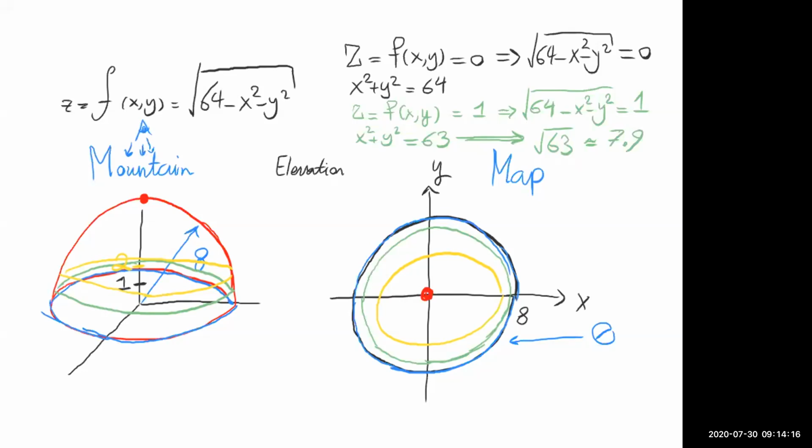Now let's move to a more interesting example. Suppose we have another function which has two variables. Say f is from R2 to R, it means it has two independent variables.